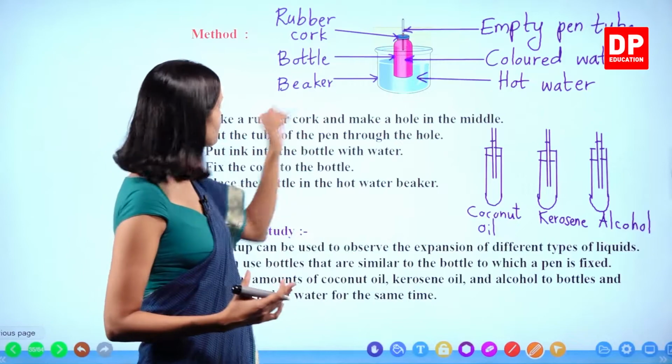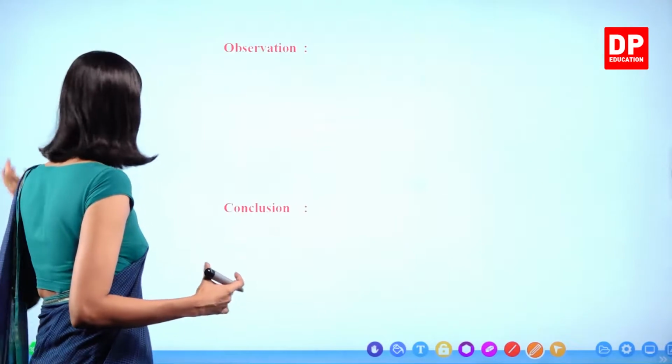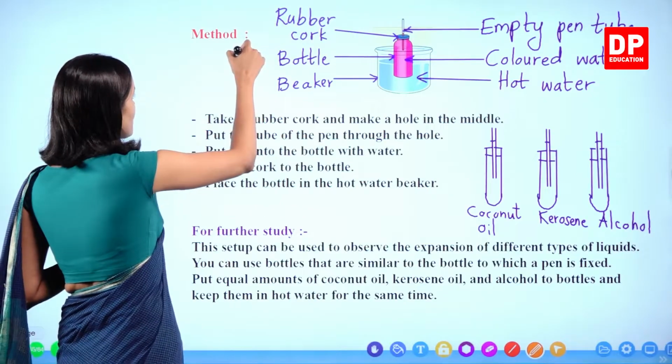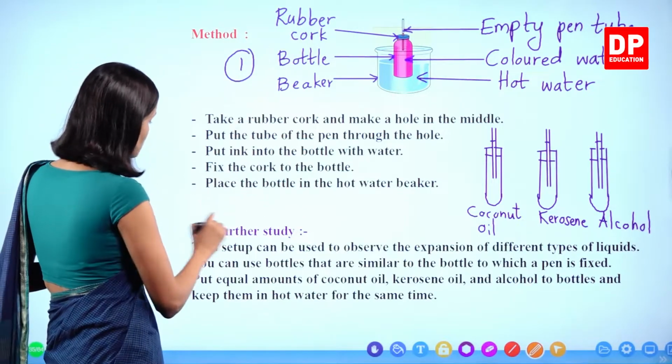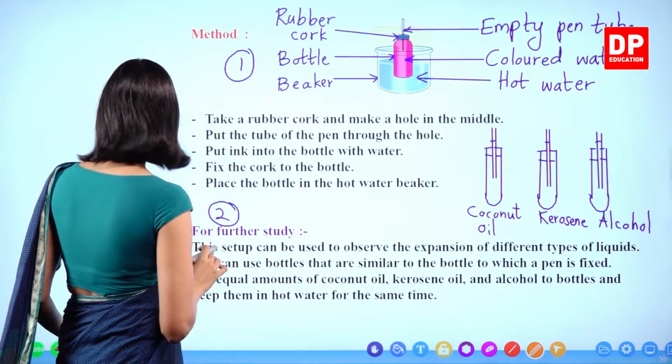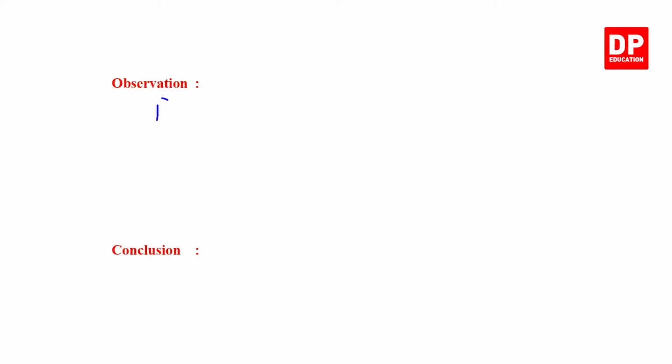Okay, children? We'll write the observations and conclusion. Observation. I'm going to first name this one activity 1 and this one activity 2. Right? Let's write. Number 1.